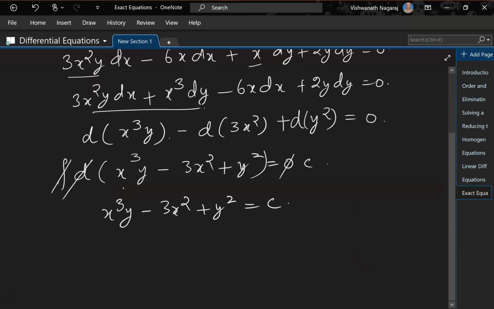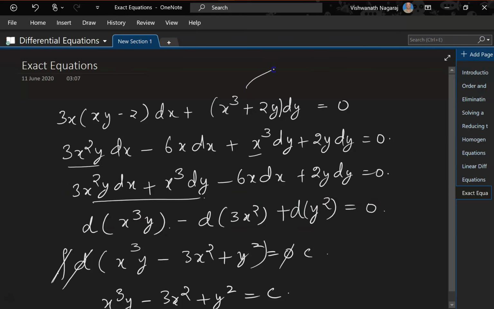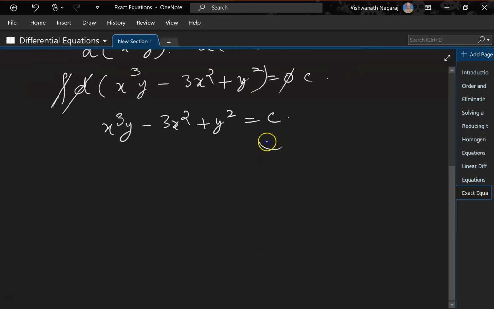Here, if you notice, this integral and differential get cancelled perfectly. That is why we call this an exact differential equation, and we call this the exact solution.